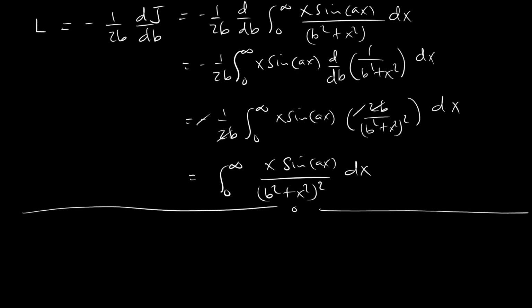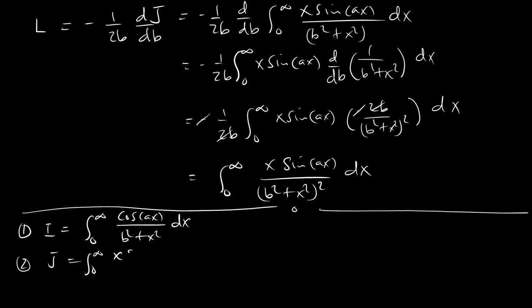And so we're going to solve with this as just a derivation. The main problem is problem number 1, which is I equal to the definite integral from x equals 0 to infinity of cosine of ax over b squared plus x squared. Number 2, J is equal to the integral of x sine ax over b squared plus x squared.